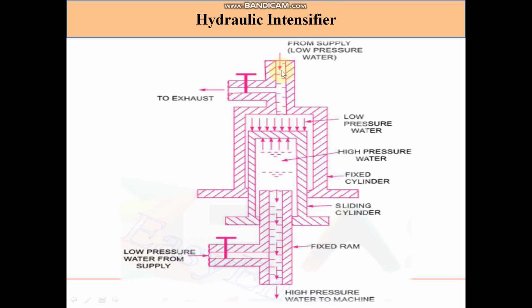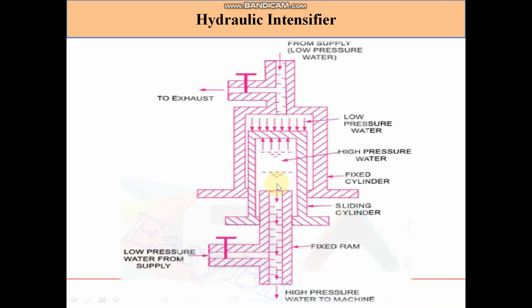So from this valve again low pressure water is supplied to the system, which applies the force on the sliding cylinder in the downward direction. Due to this force, the sliding cylinder is moving in the downward direction. So whatever low pressure water is available from the previous stroke now gets pressurized due to the downward movement of the sliding cylinder, and that's why its pressure increases and high pressure water is supplied for the application.